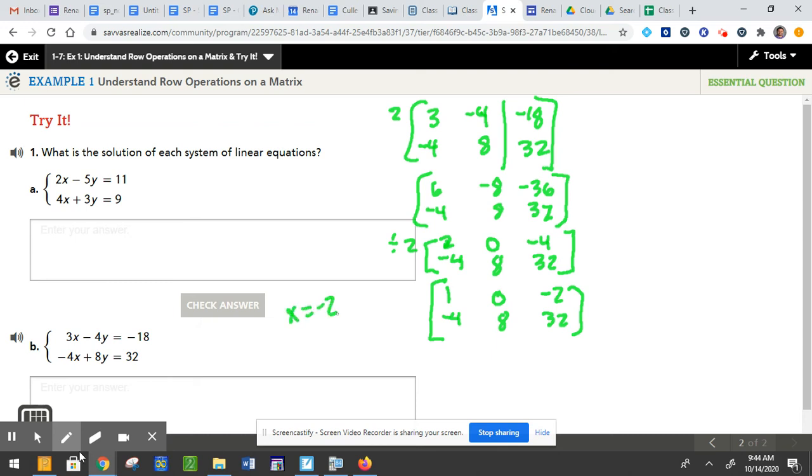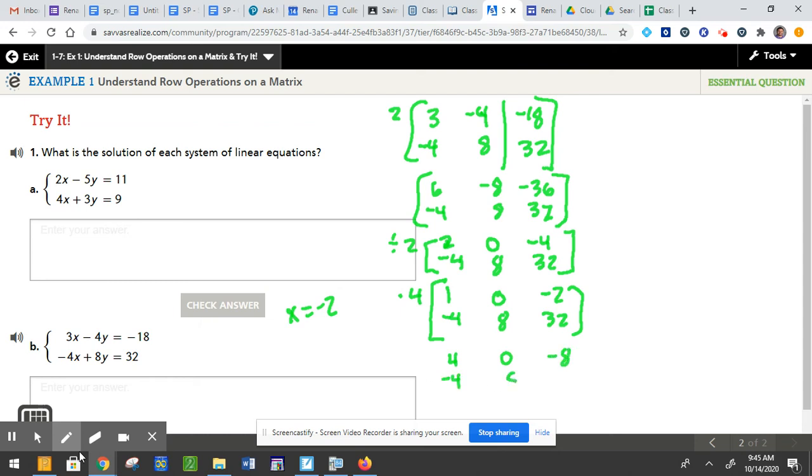Well, half of our solution, I guess. So now we got to work with the second row. What I'm going to do is multiply that top row by 4. So then I want to try to get this to be 0. So I'm going to multiply the top row by 4, and I'm going to get 4, 0, -8.